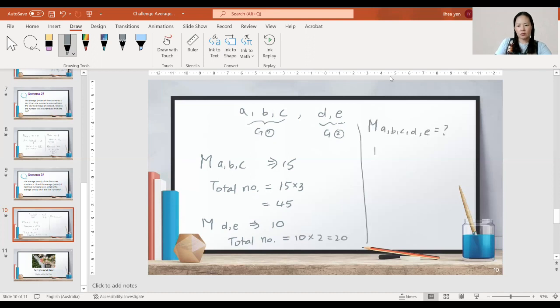My total number for the 5 numbers will be 45 plus 20, which is 65. Okay, I don't know what they are exactly, but when I add them all up, it'll be 65. So what will be the average of those 5 numbers? 65 divided by 5, which is 13. So my average for those 5 numbers is 13.